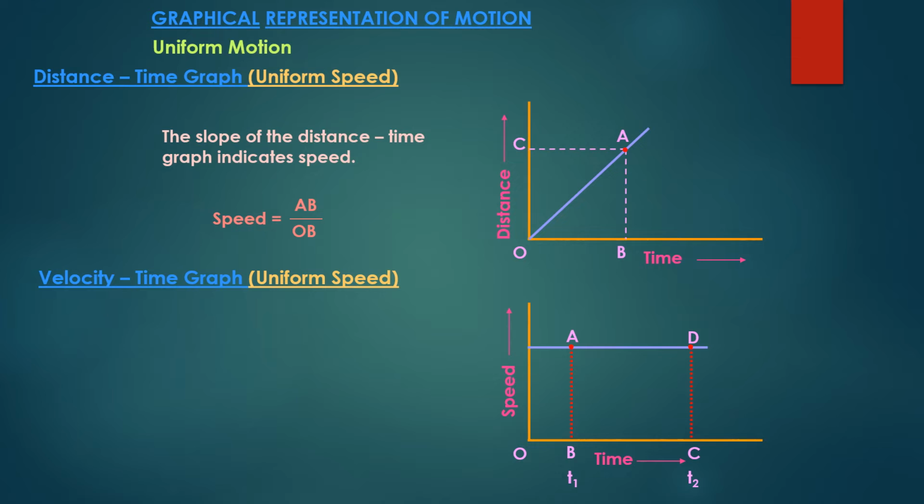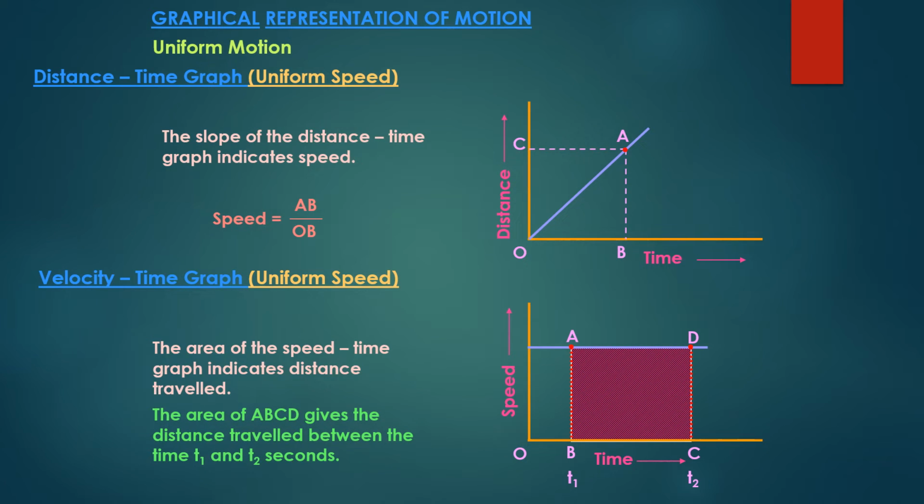Now the area covered under the graph between point B and C at time t1 and t2 gives you the distance travelled. Always remember, area covered under the graph for a speed time or velocity time graph.